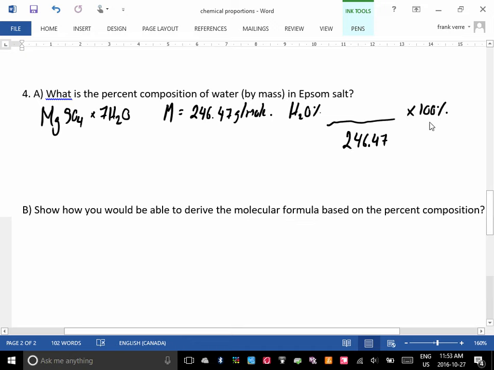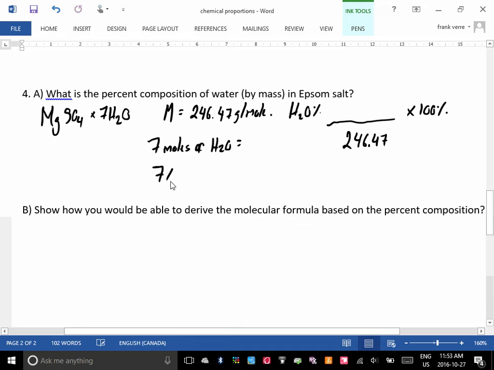Now, 7 molecules of water, what would be the mass of 1 mole of water? What was it again? It was about 18? Yeah. It was about 18, right? So what would 7 be? So 7 moles of H2O would be what?